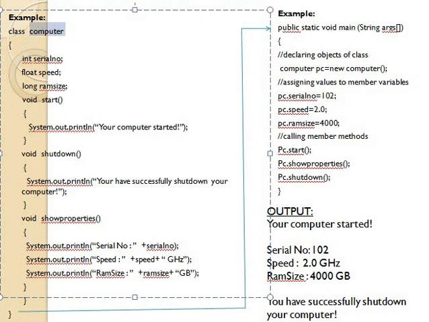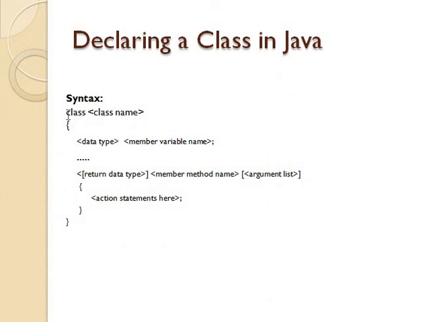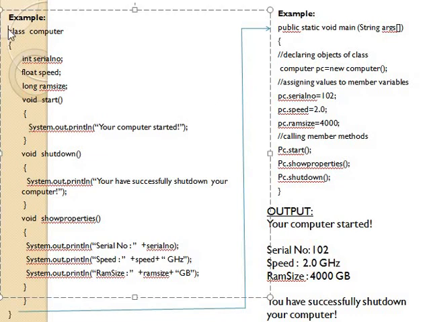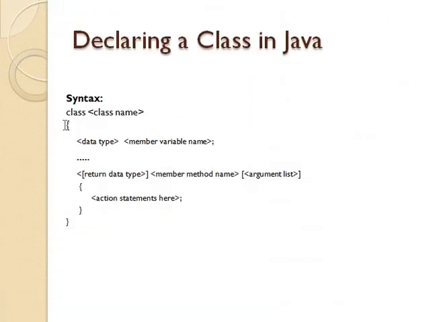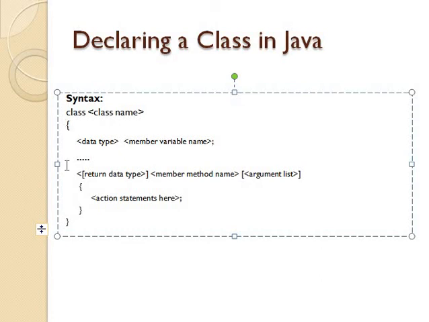So in place of class name we have computer. This is the first line, and then you have the body of the class, with the starting curly bracket and the ending curly bracket.